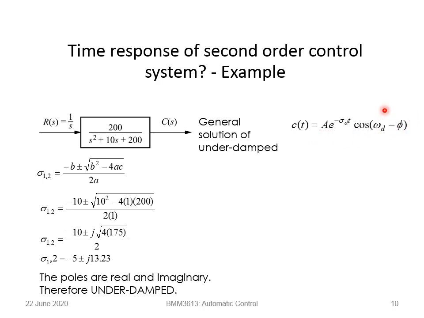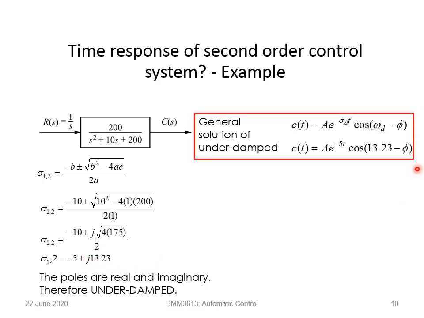In the same equation you have the exponential part, which represents the decay, and the cosine part that represents the undulation. If we replace the values, sigma_d is our real component, which is -5, and omega_d, the j omega component, is equal to 13.23. So this is the general solution.